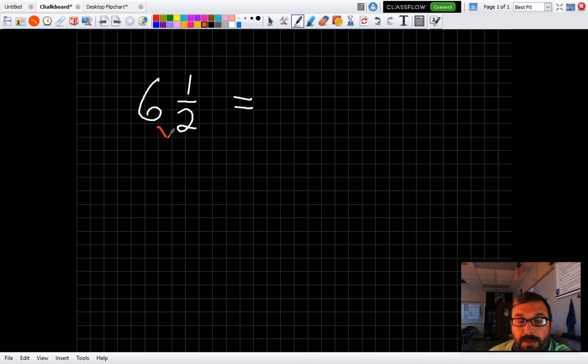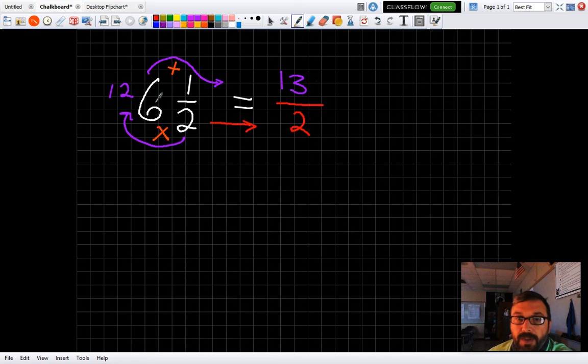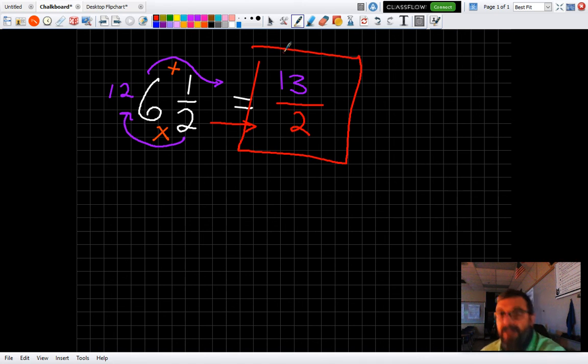So I'm going to get mad, which means I'm going to multiply, and I'm going to add. 2 times 6. 2 times 6 is 12. 12 plus 1. 12 plus 1 is 13. So I have multiplied, I have added, and now I'm going to keep my denominator 2. 6 1/2 turns into the improper fraction of 13 over 2.